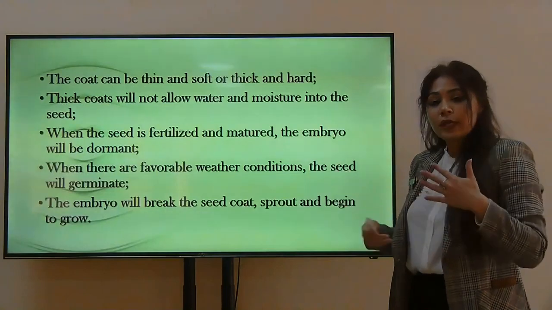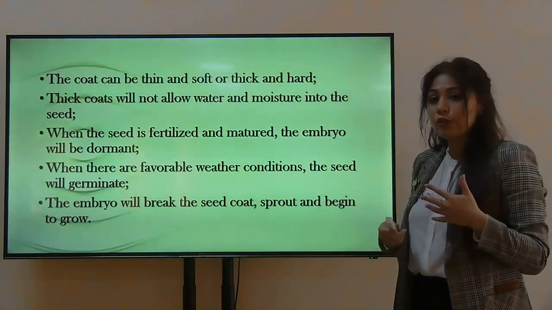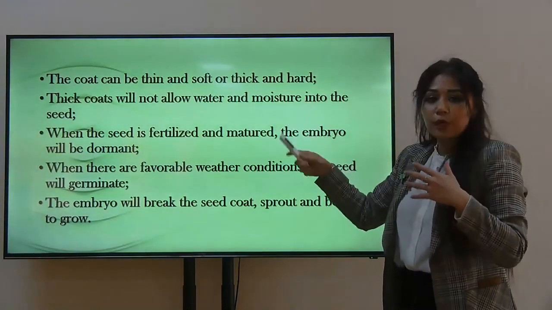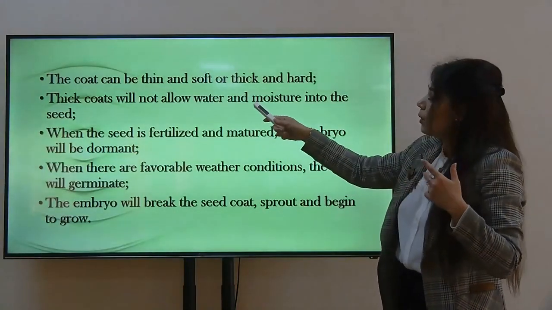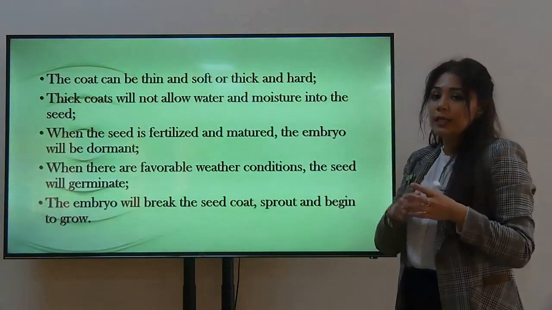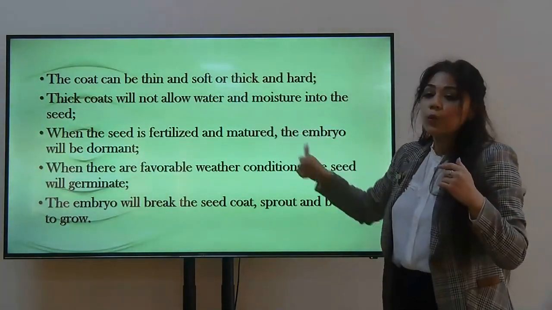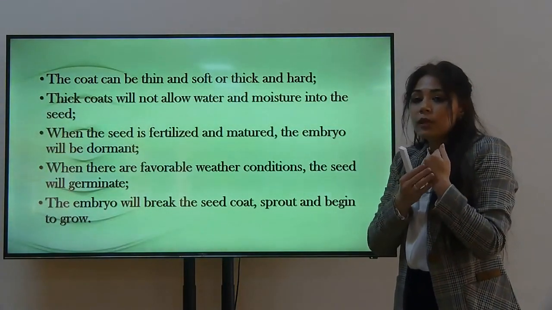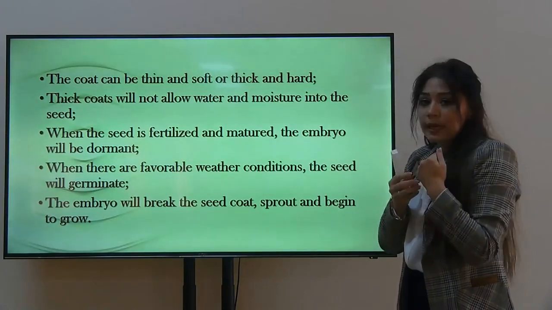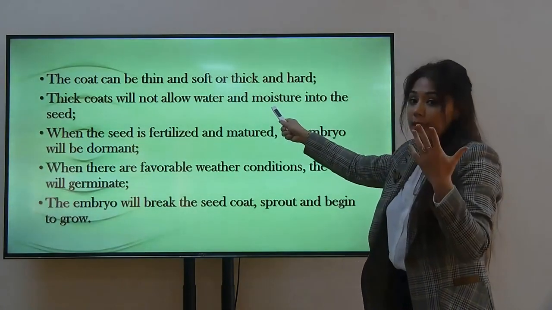Now here is also additional, factual information, I mean. Let me read one by one, and then we'll understand. The coat can be thin, soft, thick, and hard. Seed coats will not allow water and moisture into the seed. Moisture means wet.